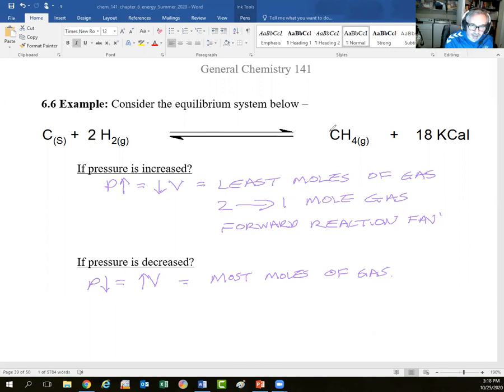And for us, that would be the back reaction, 1 mole becoming 2 moles. So we say that the back reaction is favored.